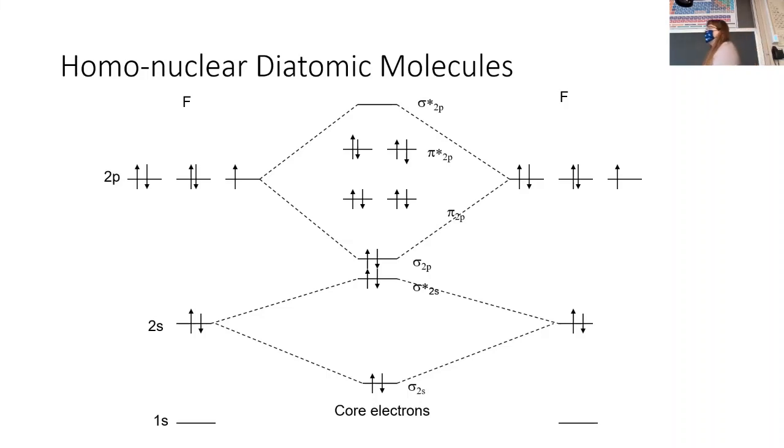Okay, so in looking at this, I can determine a few different things. One of the things we talked about is the bond order. So for bond order, we're going to count our bonding electrons, and that's all of the ones in the orbitals that don't have a star. 2, 4, 6, 8 bonding electrons. Okay, then I count my antibonding electrons. 2, 4, 6.